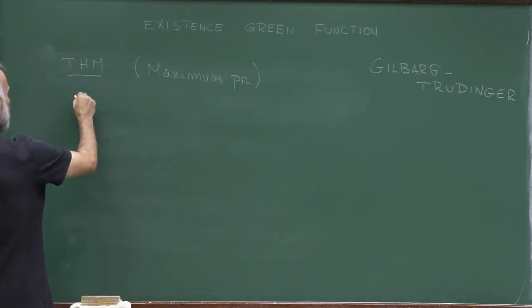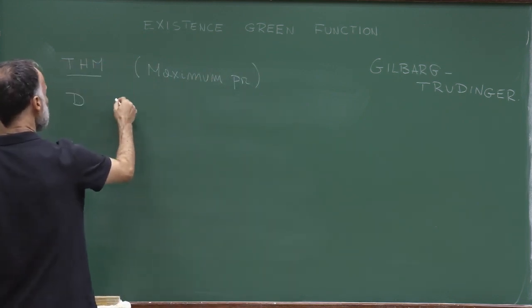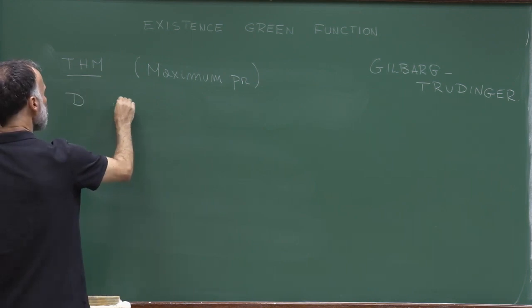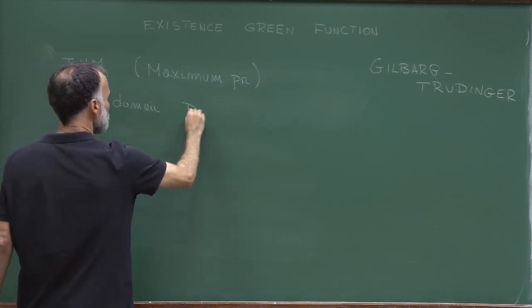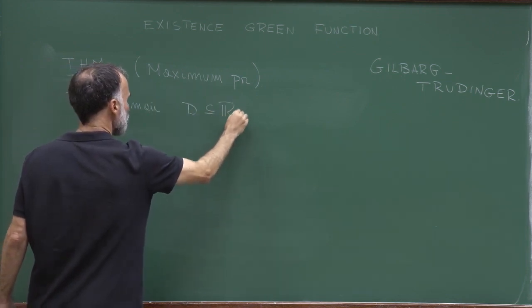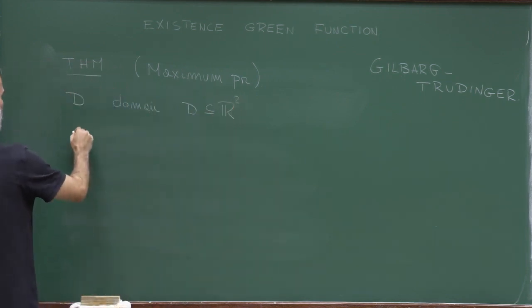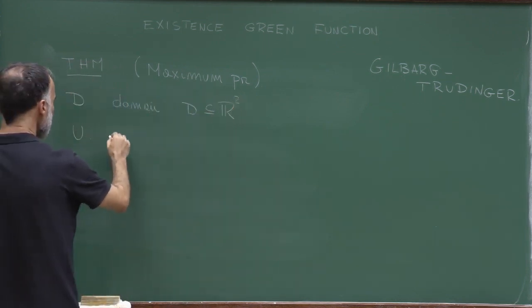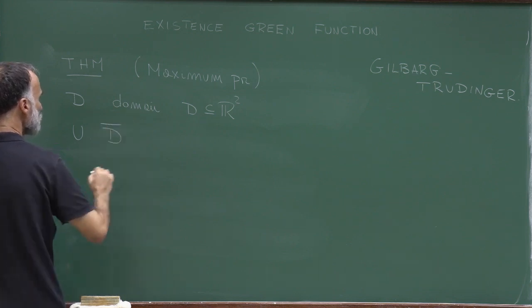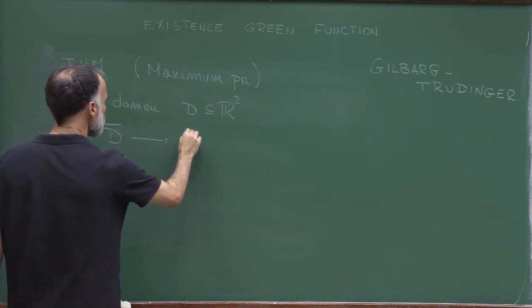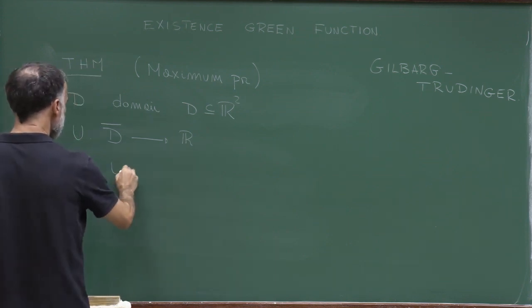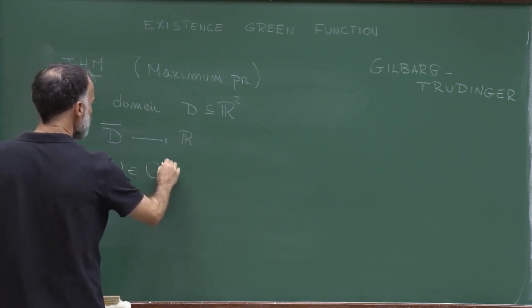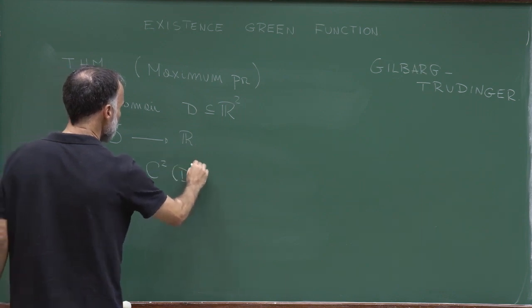So assume that D is a domain in R2, and assume that we have a function U, which is defined on the closure of D and taking values in R. I'll assume that U is of class C2 in D.